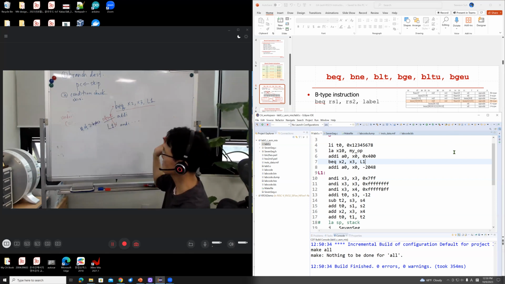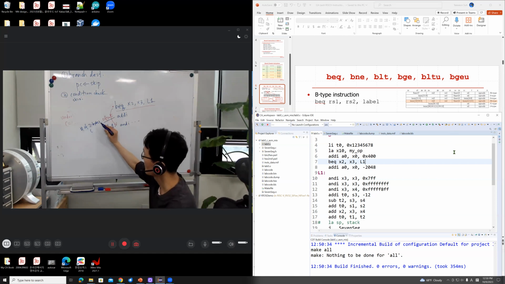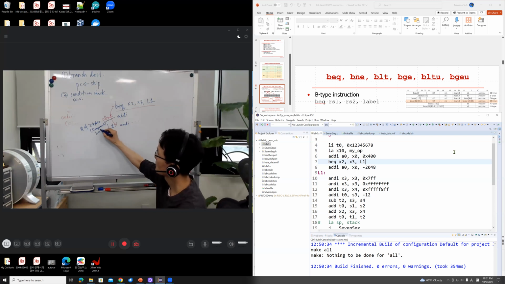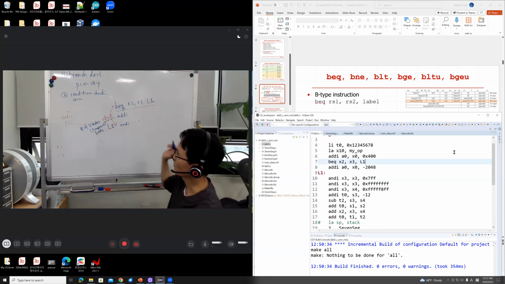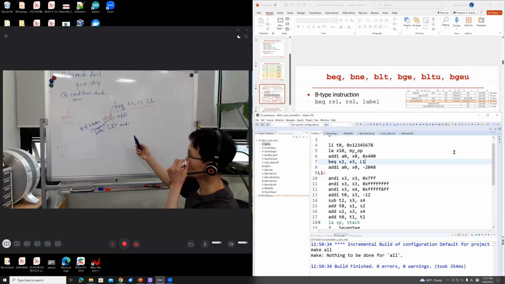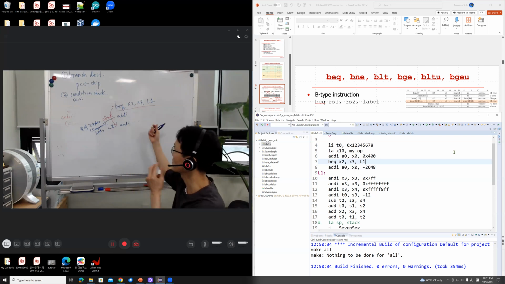How many 2 bytes are there? In other words, how many compressed instructions are there from the current location to the destination, effectively. Not actual compressed, but effectively.